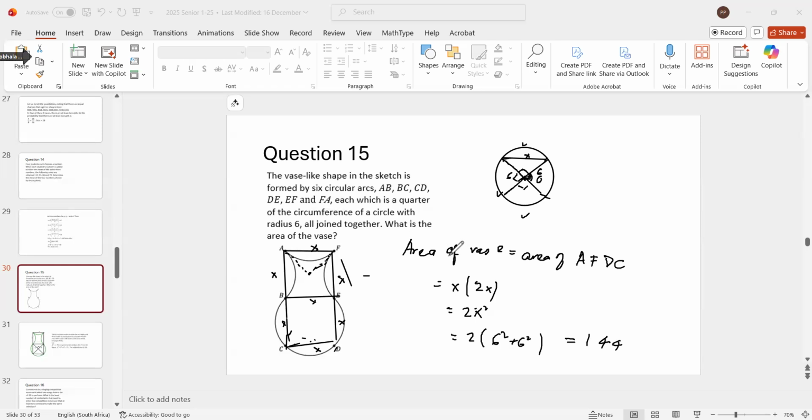It's a good example of where you cut out and patch so that the area that you're looking for is the area of something else that you can calculate. That's what I've done. Just cut and patch, cut and patch.